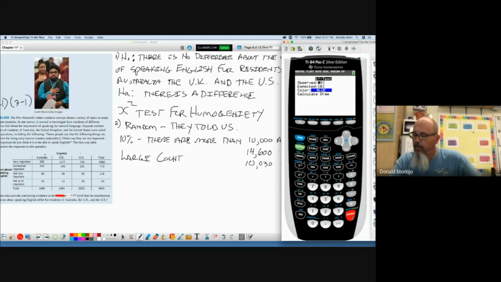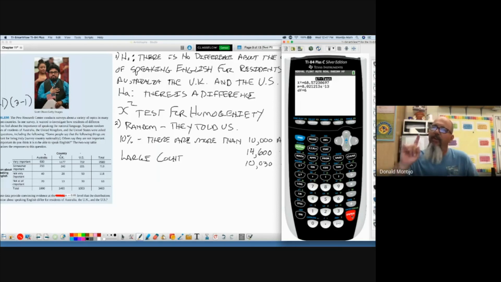Yep, I put my observed in A. I've already entered it. Now I'm going to calculate. Oh, my chi-squared test statistic is 68.57. My p-value is tiny, and I have 6 degrees of freedom. Well, how would I use the table to find this p-value?